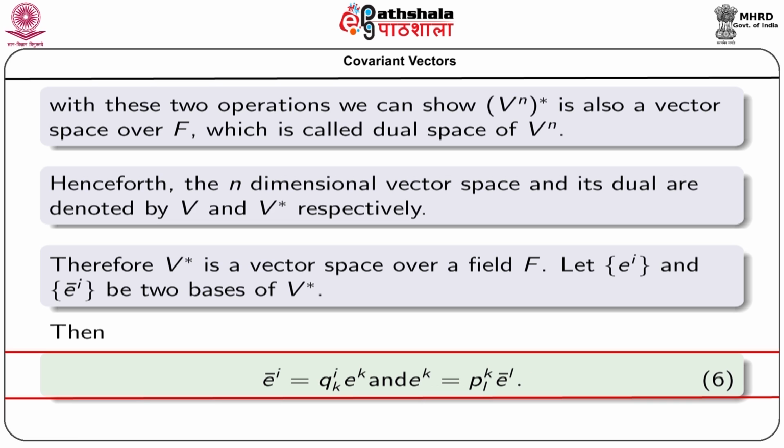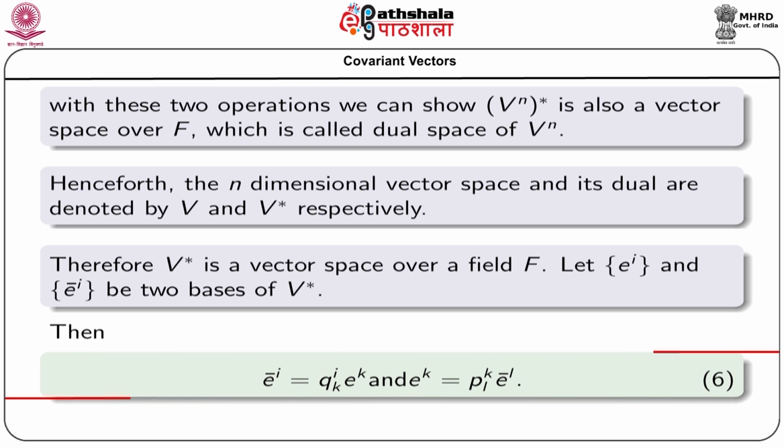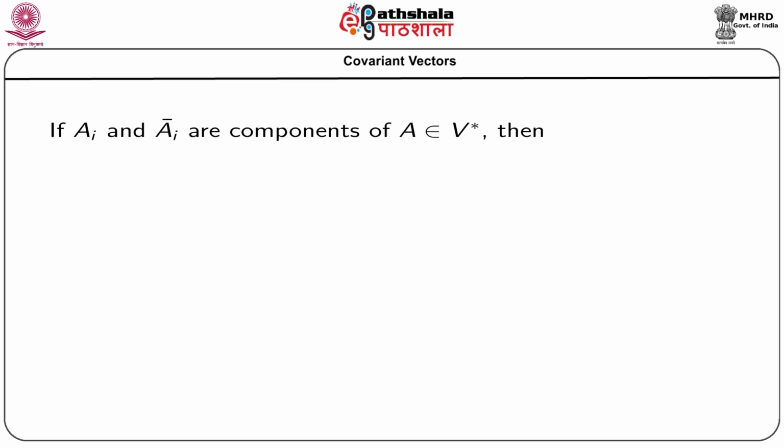again Ē^i can be expressed as Q^i_k E^k, and E^k can be expressed as P^k_l Ē^l, as a linear combination of these two vectors. Now, let us see how the elements of V star can be expressed in terms of these basis vectors.